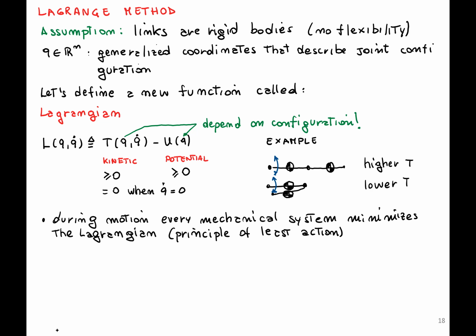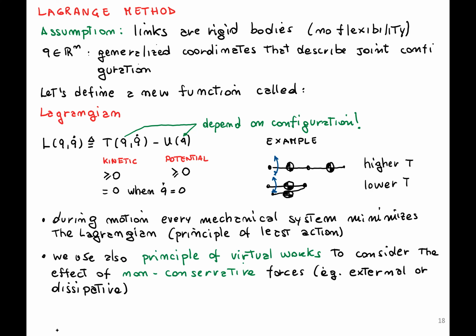So during a motion, every mechanical system tries to minimize the Lagrangian, and to take into account non-conservative forces, for example external forces coming from the joints or dissipative forces like friction, we will use the principle of virtual work that we defined in the last lecture.